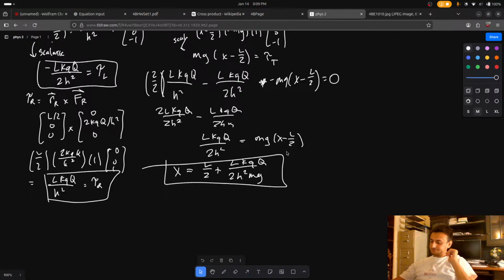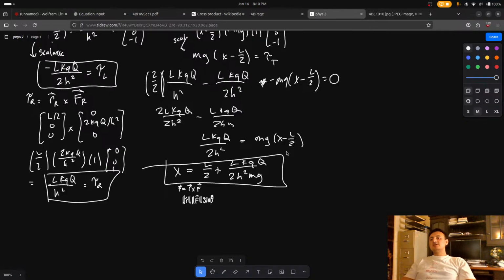Like tau, so instead of the determinant thing, we're doing norm of R, norm of F, sine theta.